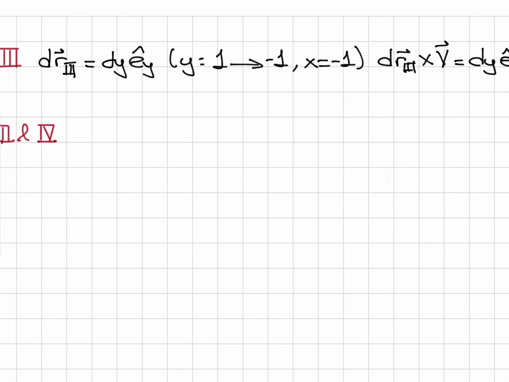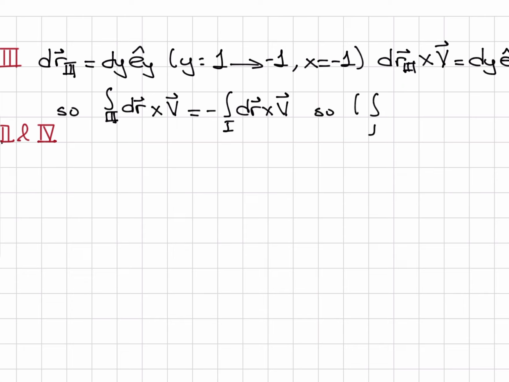Therefore the integral on the third segment for dr cross v equals minus the integral on the first segment. It's basically the same thing, but in the opposite direction.